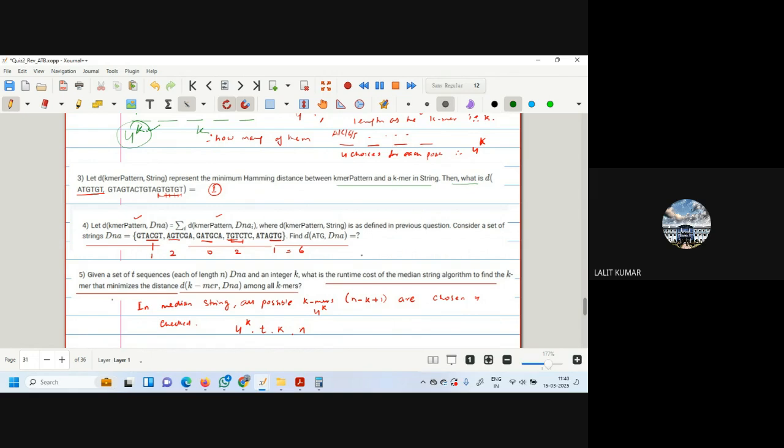When you slide it, you'll find the score is 5 here. When you keep on sliding and come to the last one, it is GTG, TGT, matching at all places other than G. So your score becomes 1. Is this clear? How to find the score?